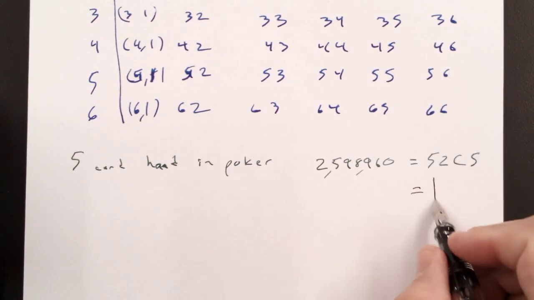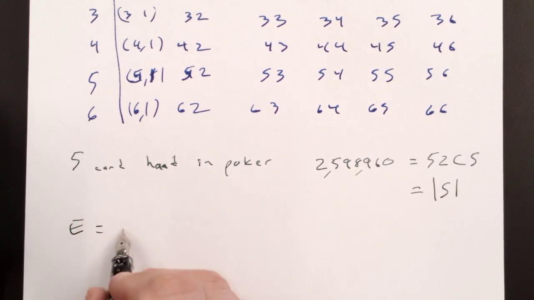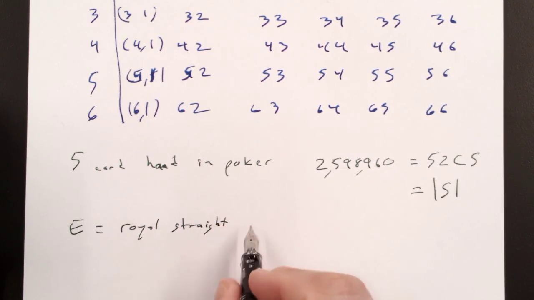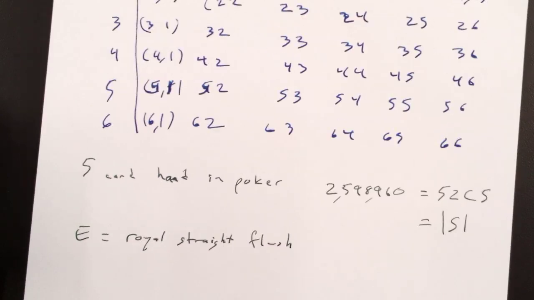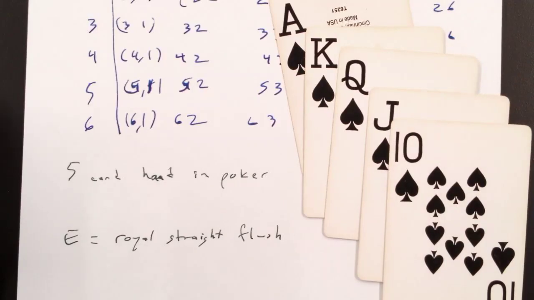So my event now is a royal straight flush, and what I've shown you is an example of one. There's only 4. I can either get it in spades, clubs, diamonds, or hearts. There are a total of 4 possible royal straight flushes.